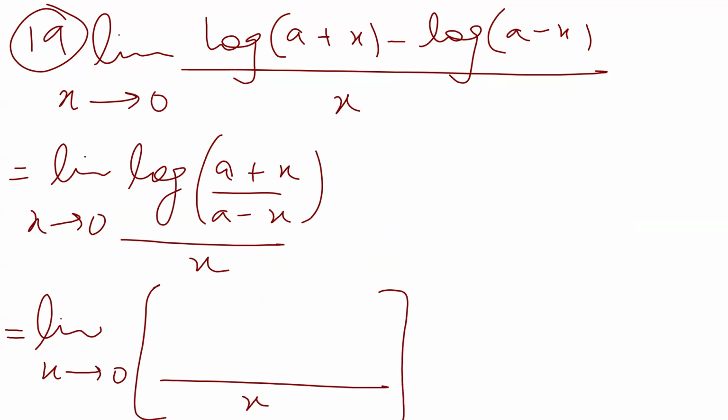In the numerator, take a common: 1 plus x upon a. I took a common, but x does not have a, so x upon a. What about log? Log is there. I forgot writing it.